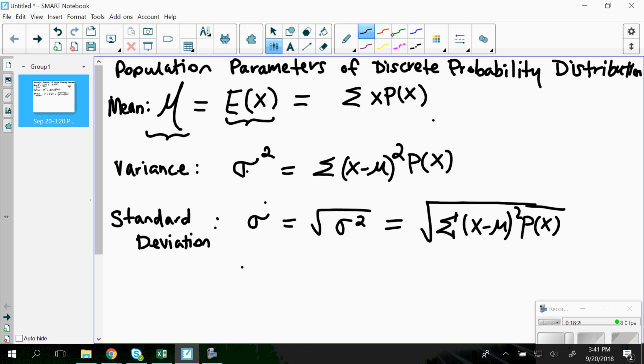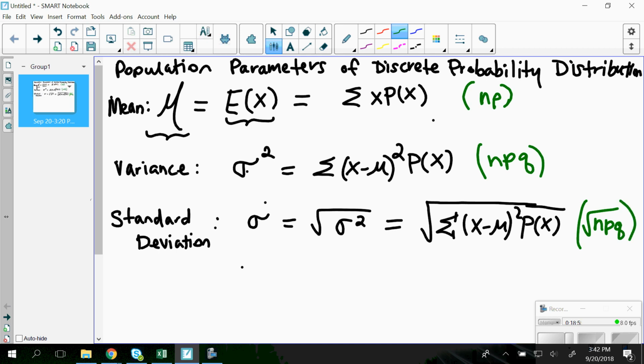And then for binomials, the mean is np, only if it's binomial though. Not all discrete probability distributions are binomial. And then the variance is npq, and then of course the standard deviation is just the square root of npq.